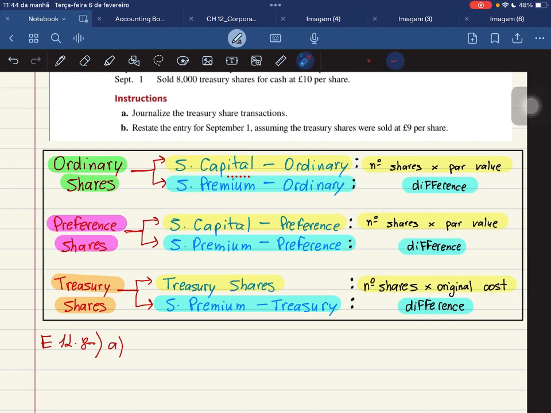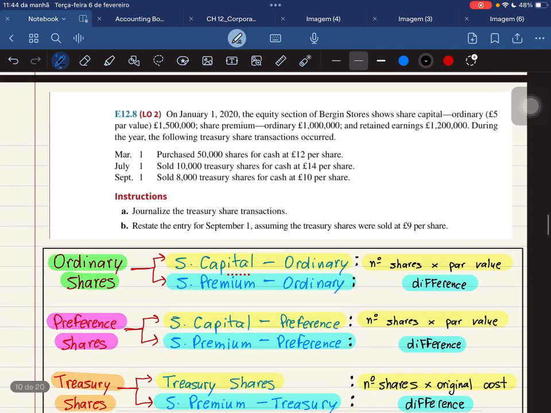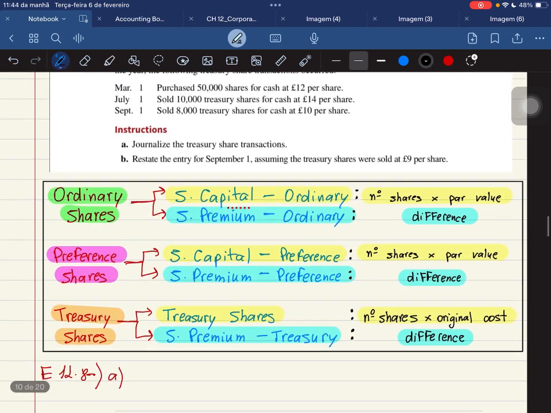Letter A says for us to journalize the treasury share transactions. The first entry happened on March 1st of 2020: purchase 50,000 shares for cash at £12 per share. Here they didn't specifically say 50,000 treasury shares, but we know that we're dealing with treasury shares.